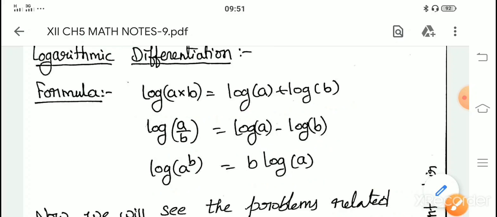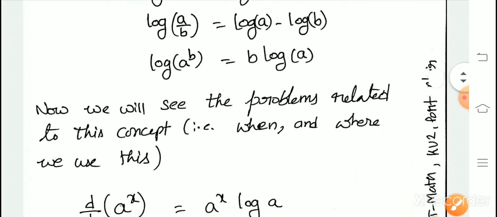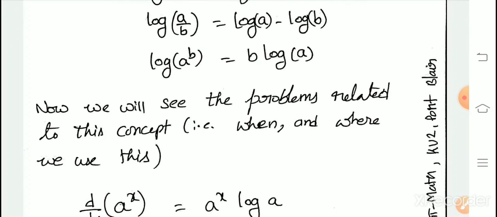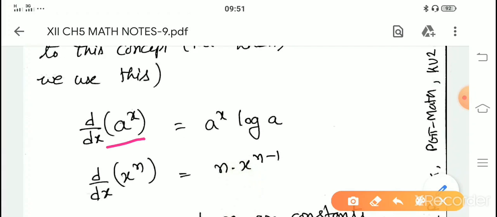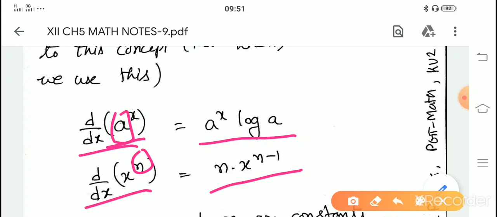Now we will see the problems related to this concept, that is, when and where we use these formulas. As I told you when I started the class, a power x means a is constant, and x power n means n is constant. The a power x formula is a power x log a, and the x power n formula is n into x power n minus 1.